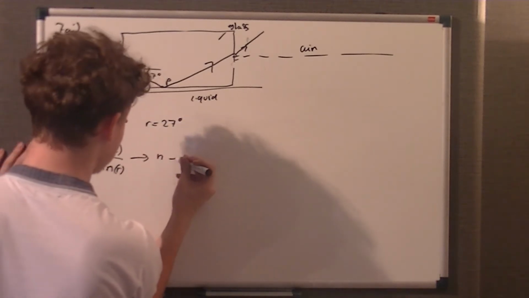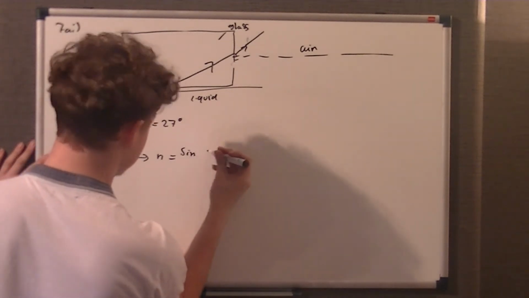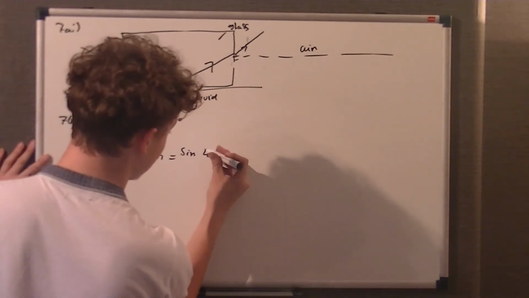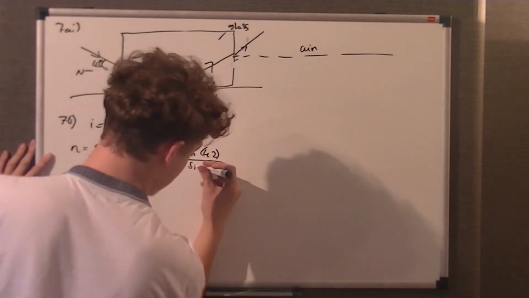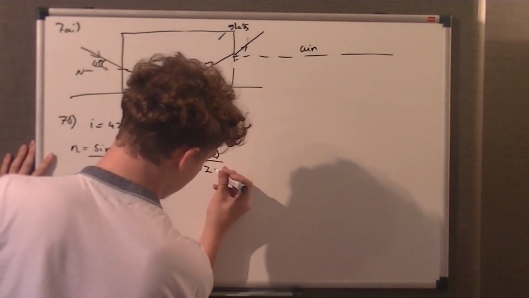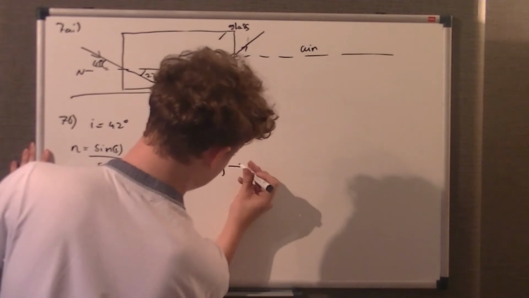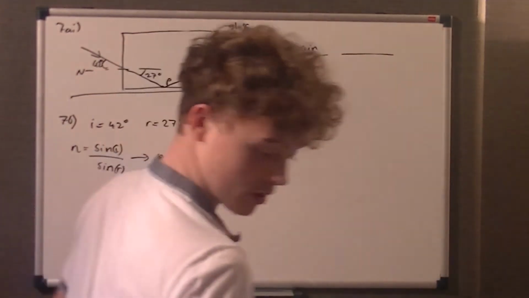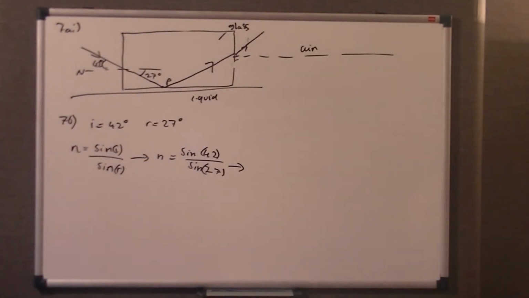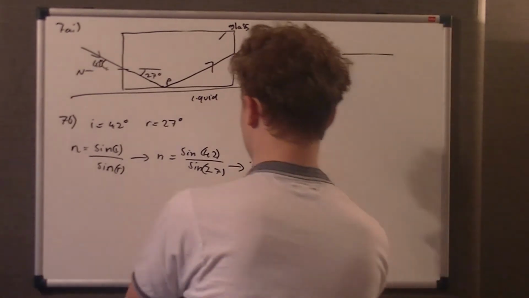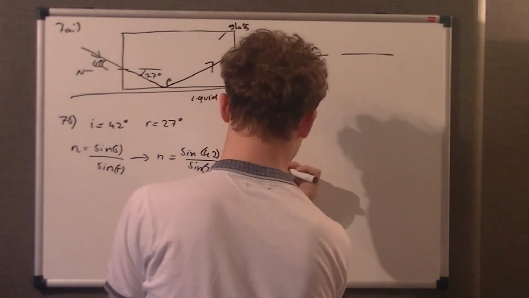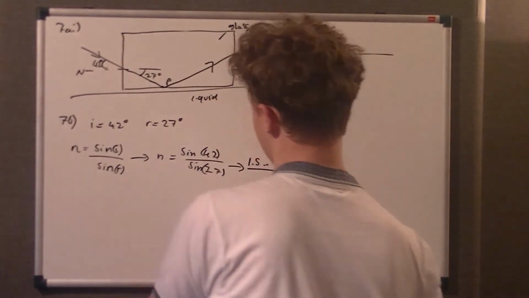So N equals sine I, or sine 42 degrees. Don't forget the sine bit. Over sine of 27. And that should come out, put it in the calculator. Yep, 1.5-ish. We rounded it up.